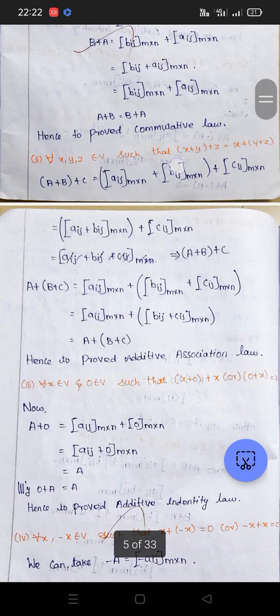The second condition: for all x, y, z belongs to V, x plus y plus z equal to x plus y plus z.